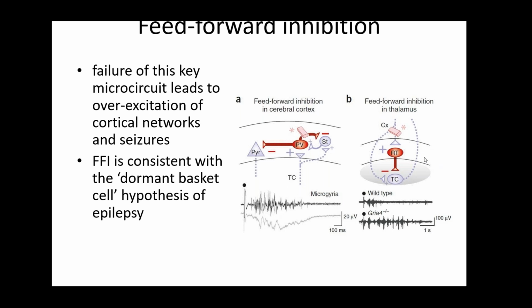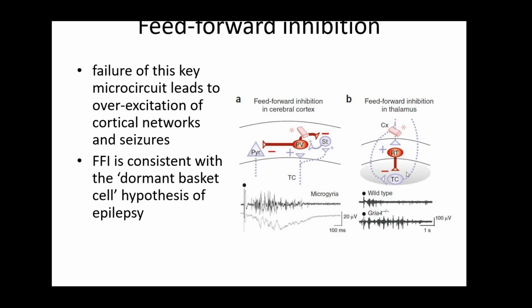In the thalamus, in thalamocortical networks, you get the feedback excitation, and when you decrease that excitation, you increase the activity of the inhibitory cells, and overall you're going to decrease the inhibition of the recurrent excitation from these thalamocortical neurons.